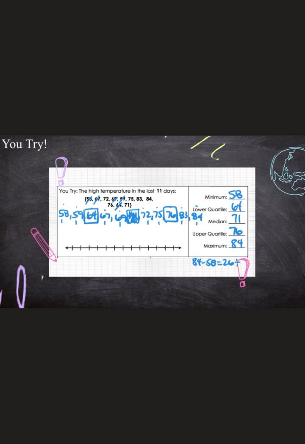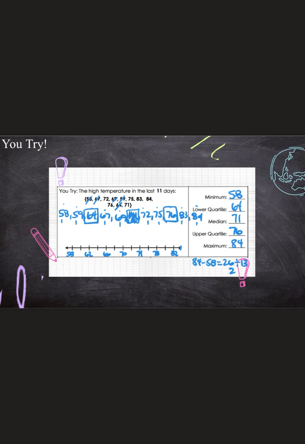And I'm going to divide by 13 because I have 13 lines. So I'm going to count by 2 again. So I've got 58, 60, 62, 64, 66, 68, 70, 72, 74, 76, 78, 80, 82, and then 84 will be on the end.